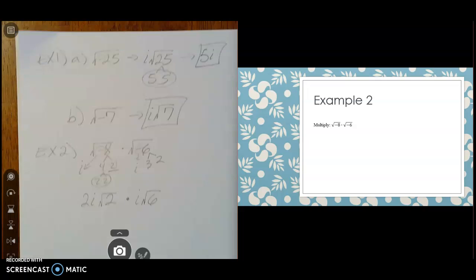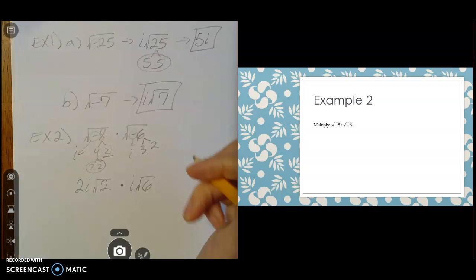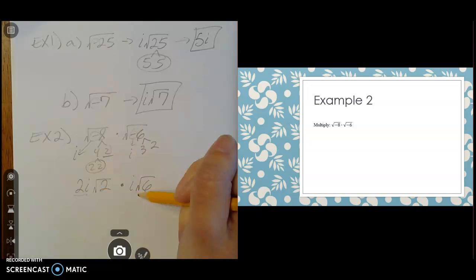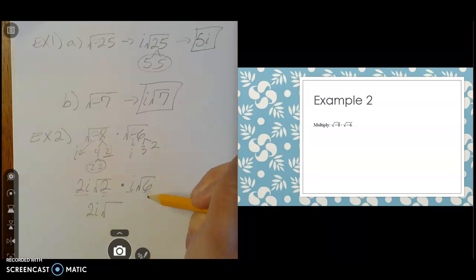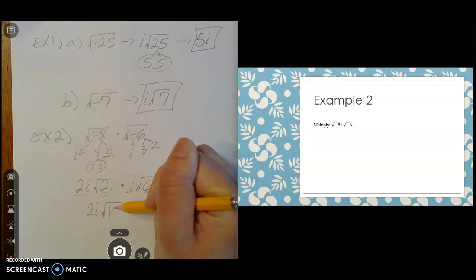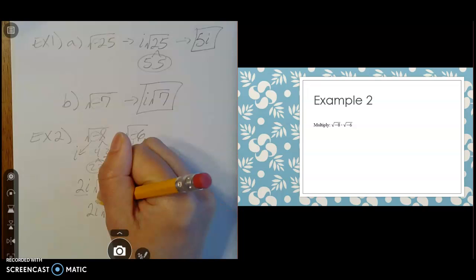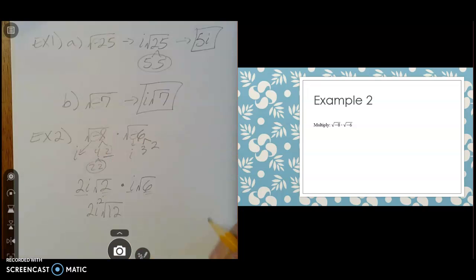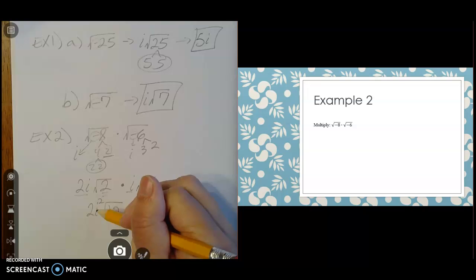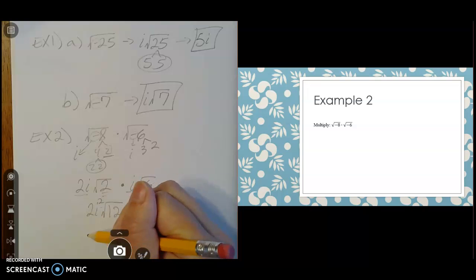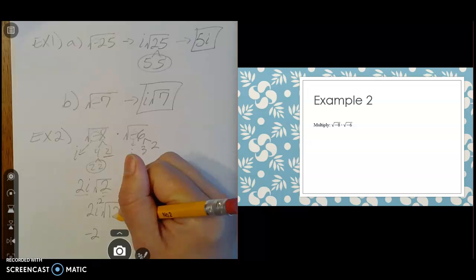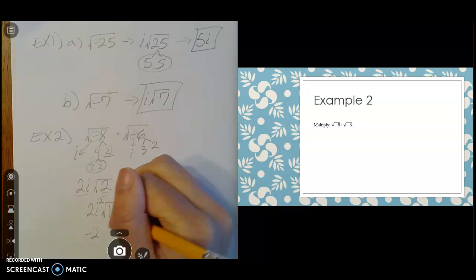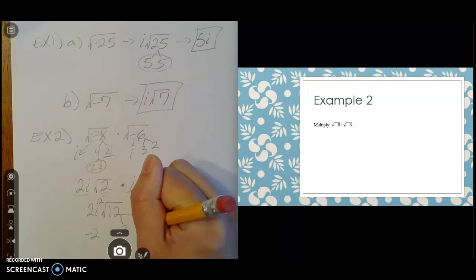Okay, now that we've simplified, we'll multiply things together. So when you multiply, you do outside times outside. So 2i times i would be 2i squared. And inside times inside, 2 times 6 is 12. So then from here, we can simplify a little. So i squared is equal to -1. So I've got 2 times -1, which is -2. Then I've got a 12, which I can break down into 2 times 6, and 6 is 2 times 3.